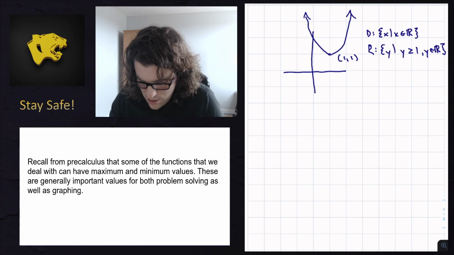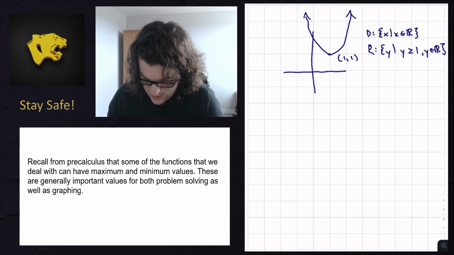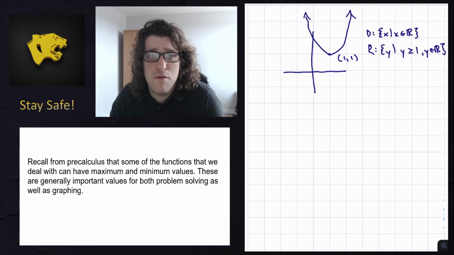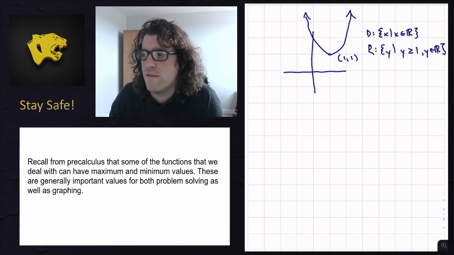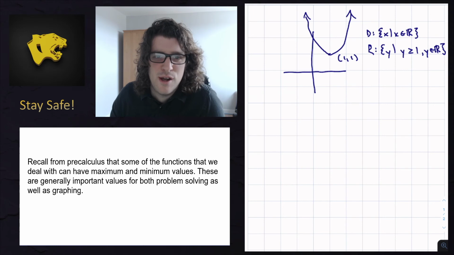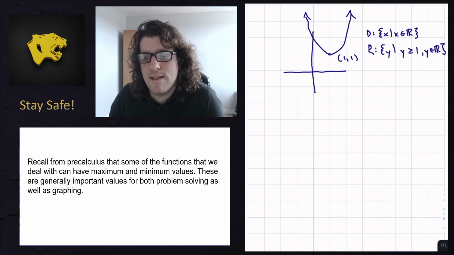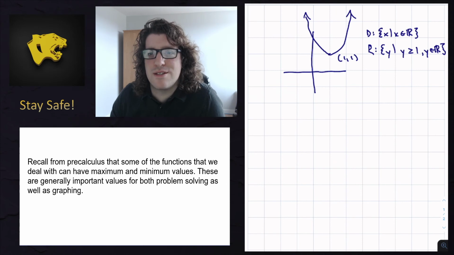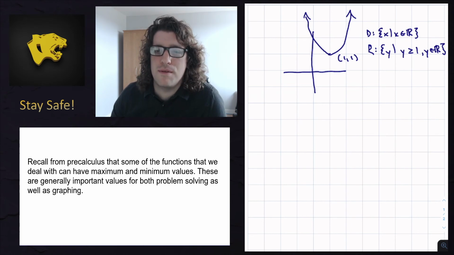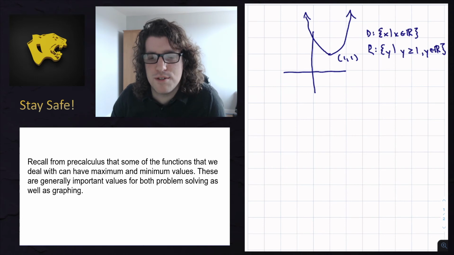So as such, we have this idea that there are no y values of 0 or -1 or -2. That is the lowest possible value. Now, the reason we're covering this in calculus is because this idea of a lowest possible value is going to fit hand in hand with something else that we've already seen, and you might already intuitively know from what we've covered so far in calculus.